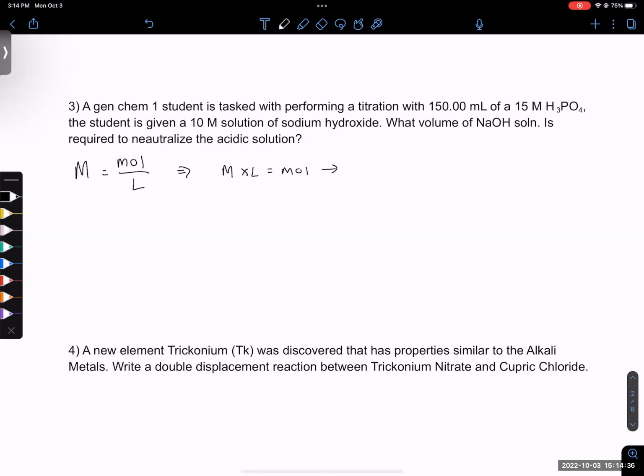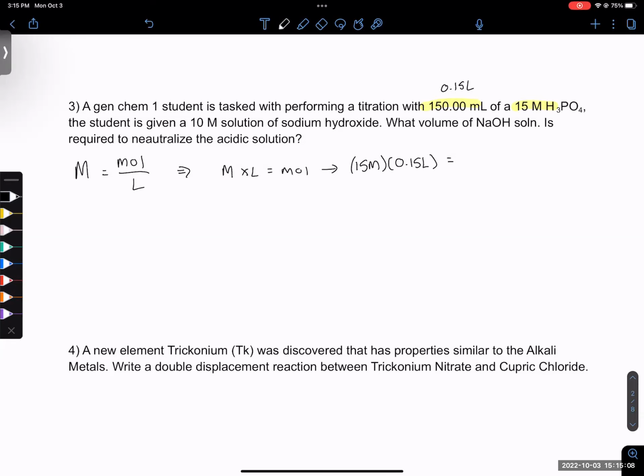In this case, if we plug in what we have, we see the molarity was 15. The liters, it gives us in milliliters, but we need to convert that to liters. So 150 milliliters is equal to 0.15 liters. So 15 molar times 0.15 liters is equal to 2.25.